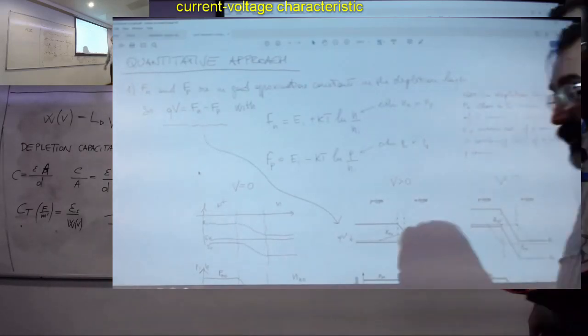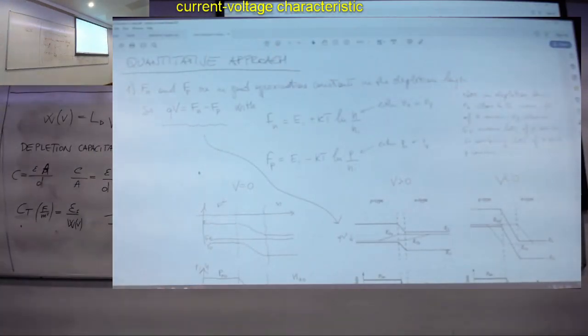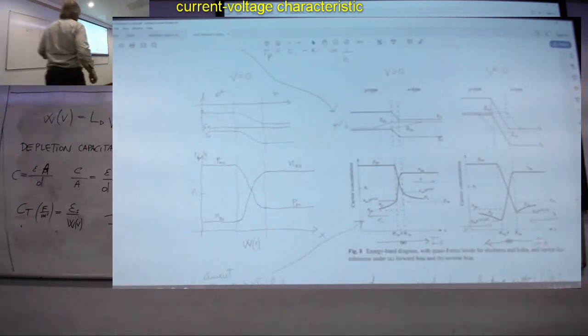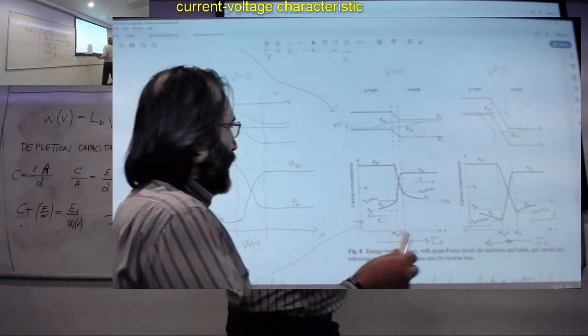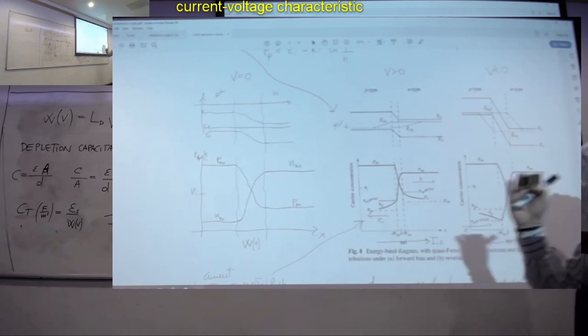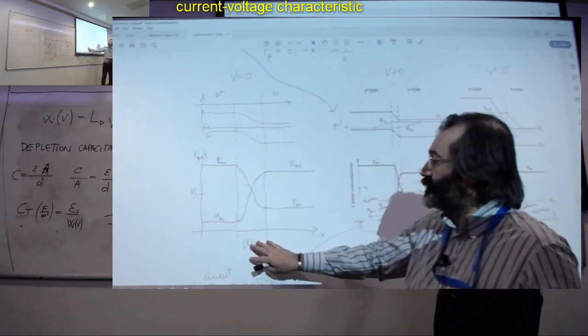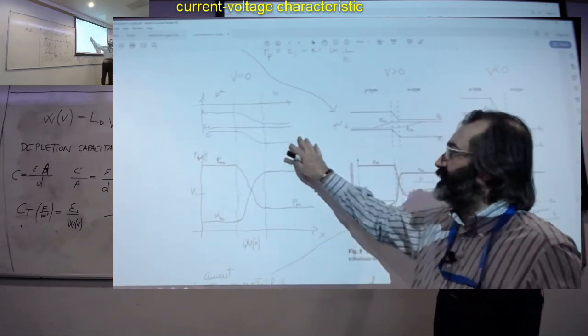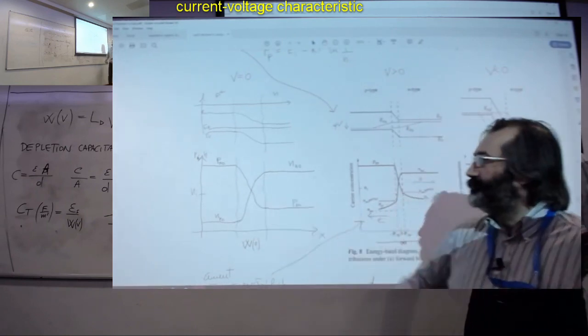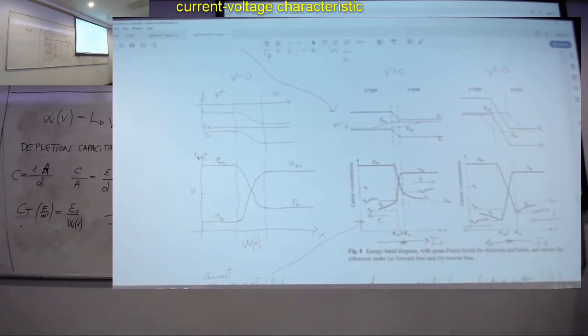But what I wanted to show you here are actually these diagrams that explain the kind of assumptions we are making to be able to do the calculations. This is the diagram we saw previously at thermodynamic equilibrium. Fermi level, the same everywhere. And this was the picture of the carrier densities within the junction.